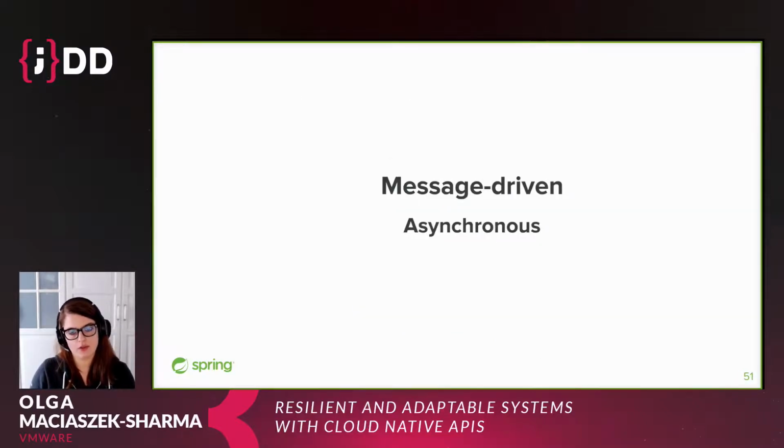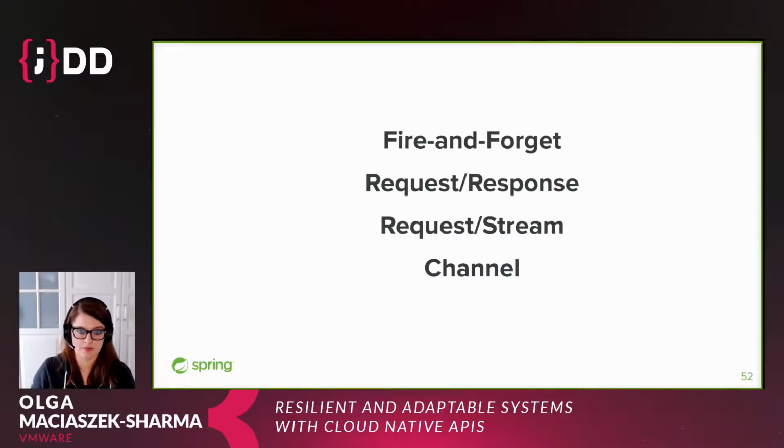The RSocket protocol models all communication as multiplex streams of messages over a single connection. That's why it never synchronously blocks while waiting for a response. So it is message-driven and fully asynchronous. What is super interesting is that it has various modes of operating. We no longer have only request-response, because let's face it, our scenarios often require very different interaction models.